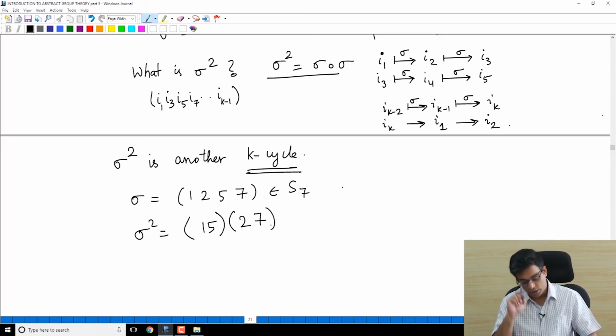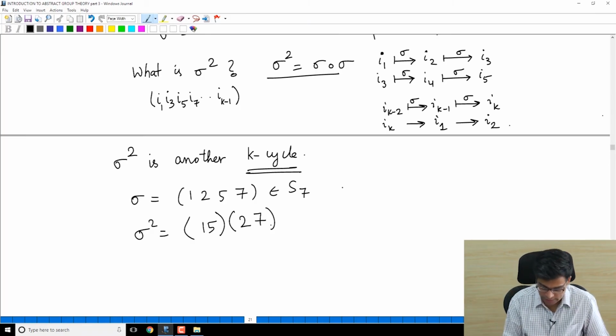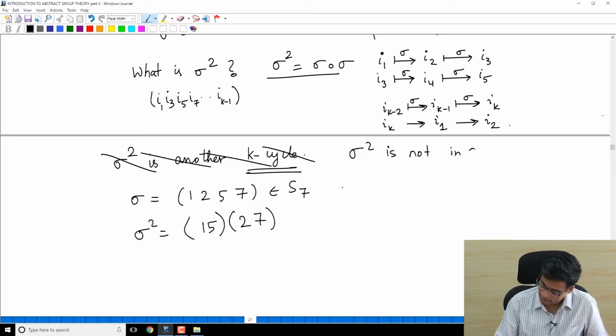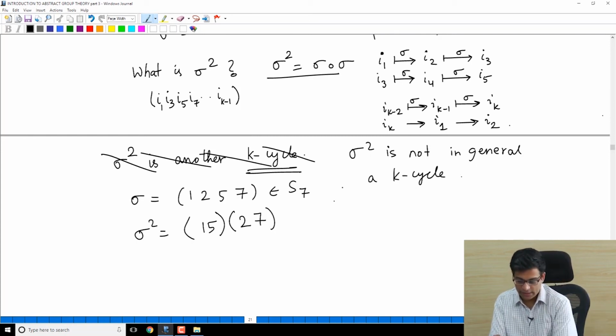So actually, as you can see in this example, what I wrote here is just wrong. Sigma squared is not in general a K cycle, as this example shows. I should not have written that. Sigma squared is not in general a K cycle, because maybe not all indices are covered there.